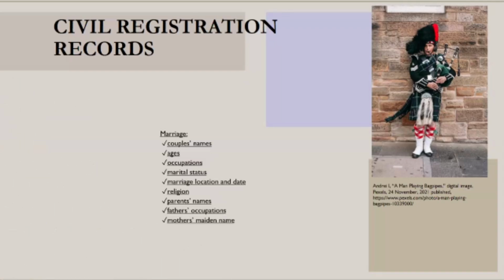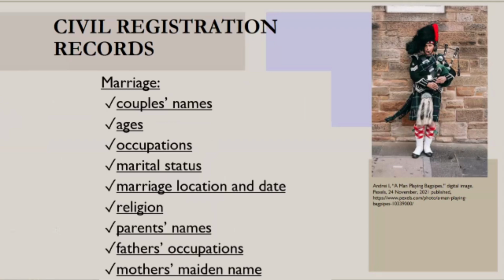Now, if you're looking at marriage records, you'll get obviously the couple's names, their ages and occupations, marital status, the location, the date of the marriage, what religion they were. Now, the Church of Scotland was the primary religion, but there were many Catholics in Scotland and other religious groups as well. So they would list what religion they were. You get the parents' names, the father's occupation, and again, the mother's maiden name.